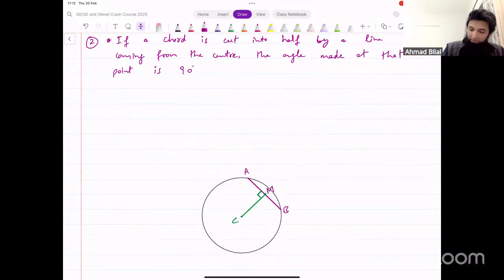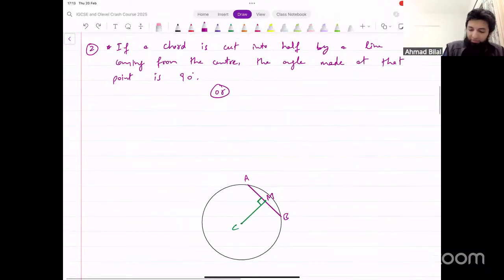What does that mean? If you know that the angle is 90 for this line coming from the center of the circle, then you would know that that chord is divided into half. Let me write that down here as well.